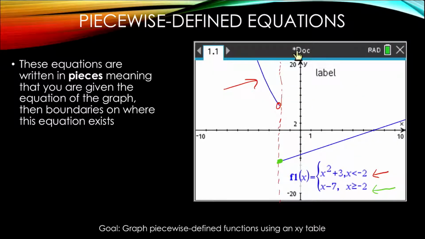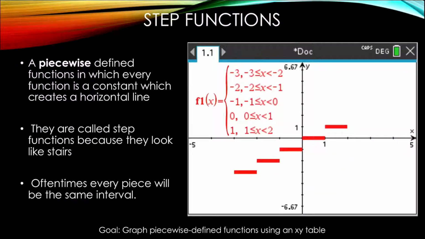And then for this green equation, x minus 7, I'm increasing by 1, decreasing by 7. Each of these tick marks are 2, 4, 6, so negative 7 is my y-intercept. For x's that are greater than negative 2, so for everything greater, we use that equation. That's a piecewise defined function. You kind of break up functions and give them boundary points of where they can live.